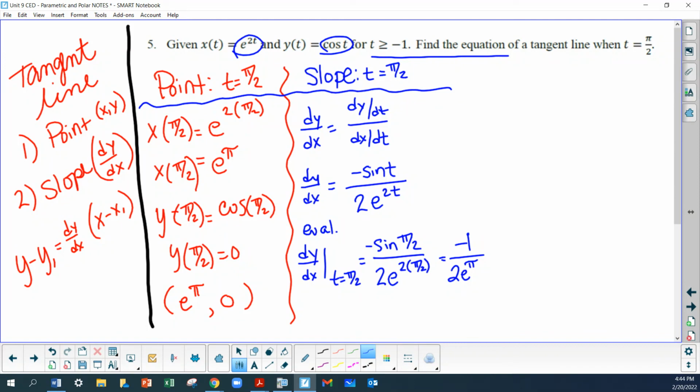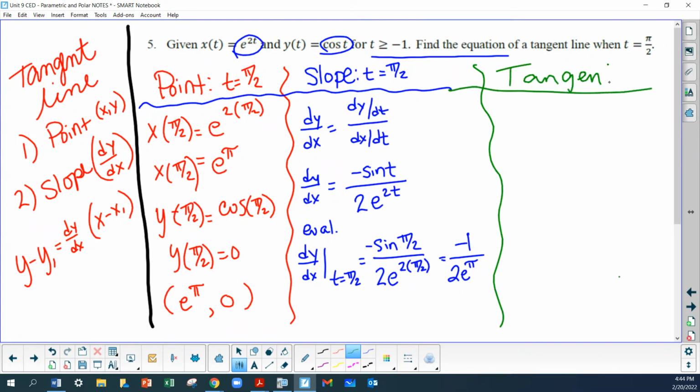Now, third thing is write the equation of our tangent line. So, y minus the y value of 0, you don't have to put it down if you don't want, equals negative 1 over 2e to the pi times x minus our x1.